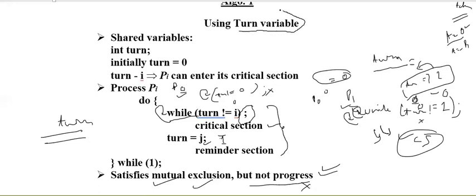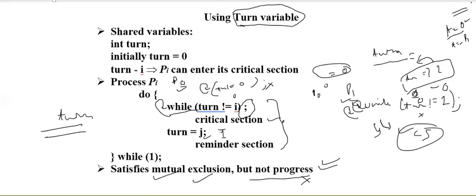It means this variable alone cannot provide the proper solution. It is halting the progress. So what can we do?